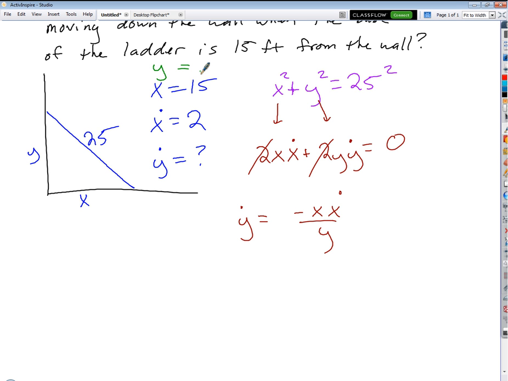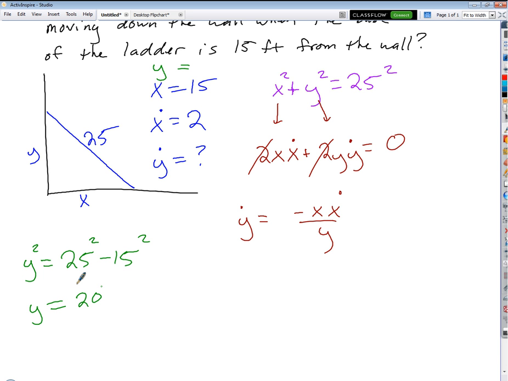We can go back to that snapshot and say, for that particular snapshot, we know that x is 15, so y squared would equal 25 squared minus 15 squared. So that's 625 minus 225 is 400, so what's y? 20. Yep. Well, plus or minus, but we know it's 20, right?